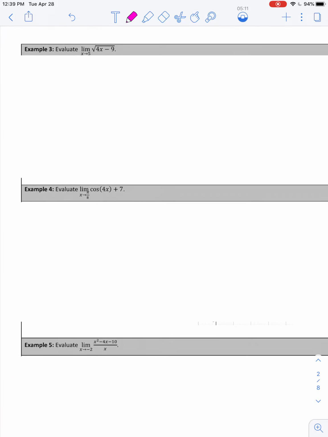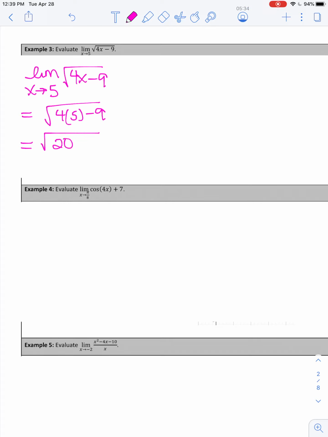All right, again, we are going to evaluate this limit. We're going to try direct substitution because that's really our only tool at this point. So the limit as x approaches 5 of the square root of 4x minus 9 is going to be equal to the square root of 4 times 5 minus 9, which is equal to the square root of 20 minus 9, which is just the square root of 11.